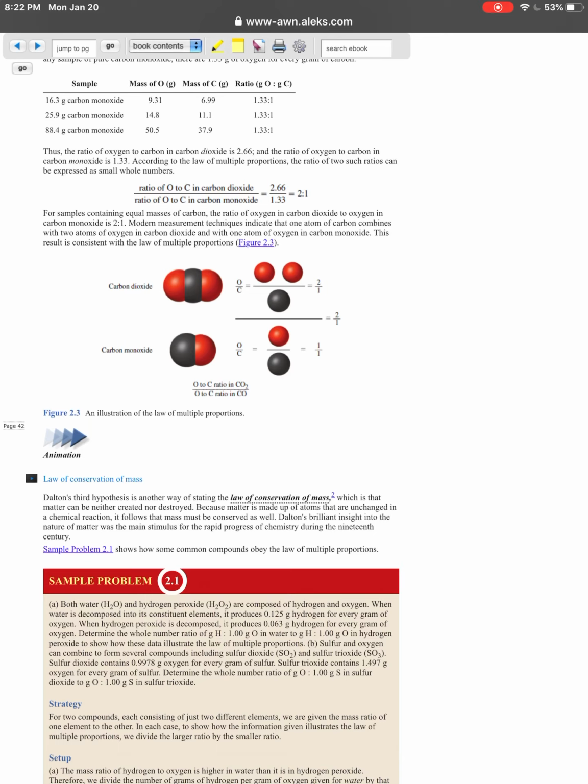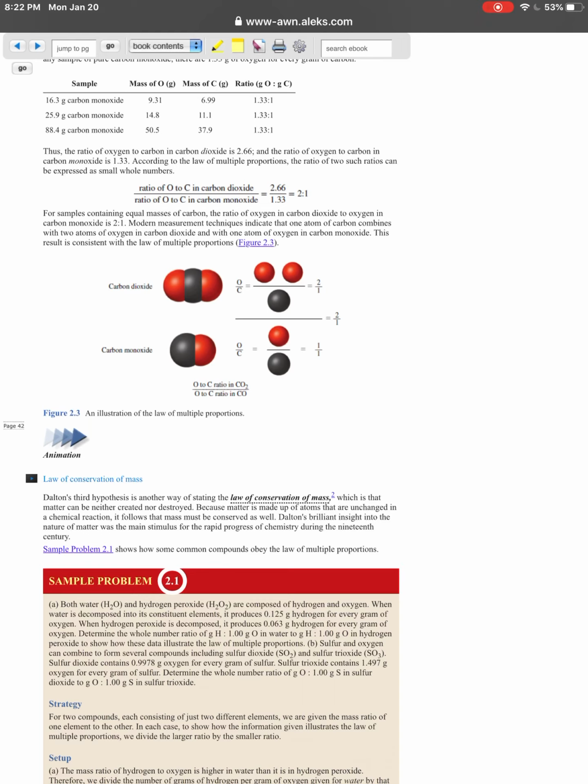In figure 2.3, the illustration of the law of multiple proportions is this idea. If we take a look at carbon dioxide, it has a carbon atom at the center and two oxygen atoms attached to it. So the red balls are oxygen and the brown or black one is carbon. So that's carbon dioxide. And if you look at carbon monoxide, it has one carbon and one oxygen in the compound. It's a 1-to-1 ratio.